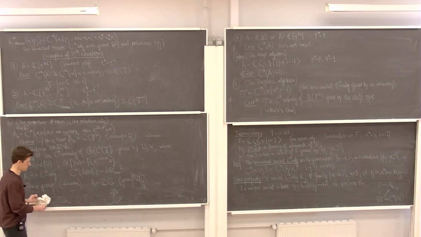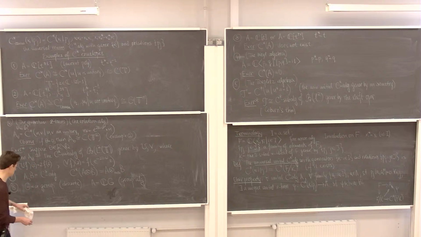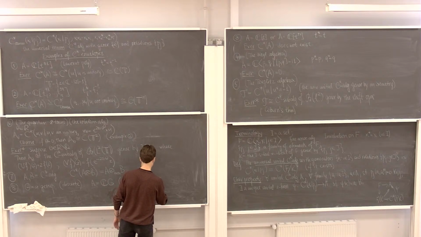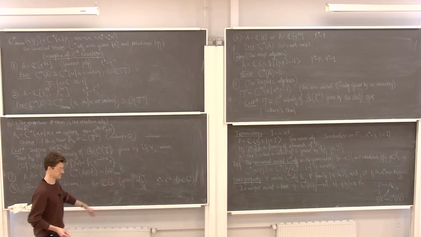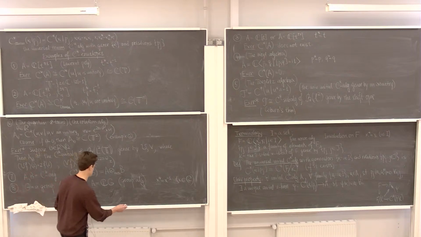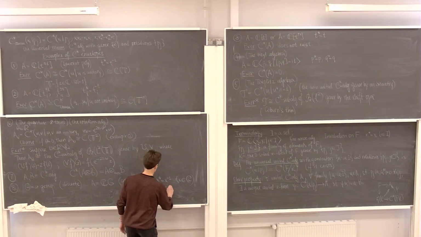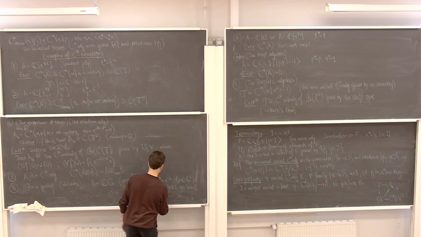Let's define an involution in such a way that every element of G is unitary. So this rule easily extends to an involution. So this determines an involution on the group algebra, so it becomes a star algebra.